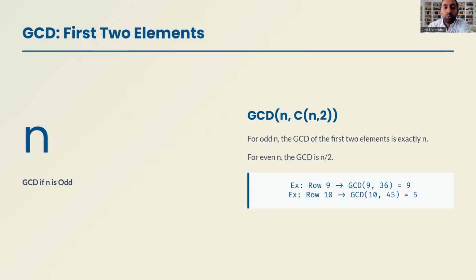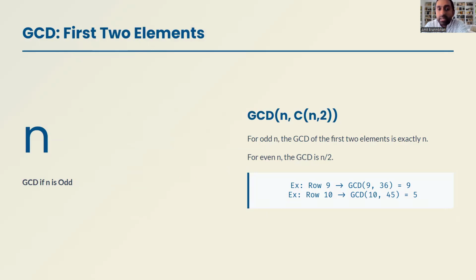GCD of the first two elements. Let's analyze another simple GCD property: the greatest common divisor of the row index n and its first internal entry, n choose 2. If n is an odd number, the GCD is always equal to n. For example, in row 9, the first internal entry is 36, and the GCD of 9 and 36 is 9.